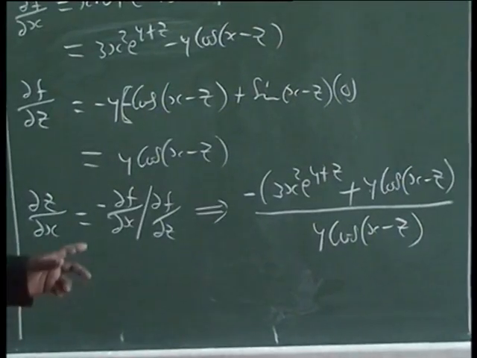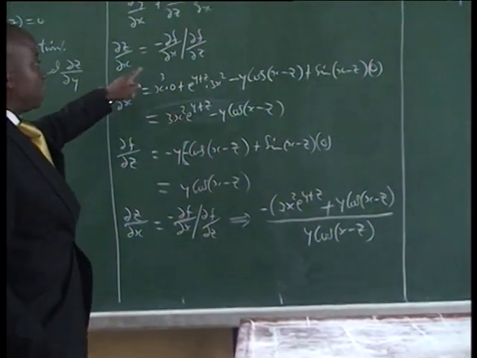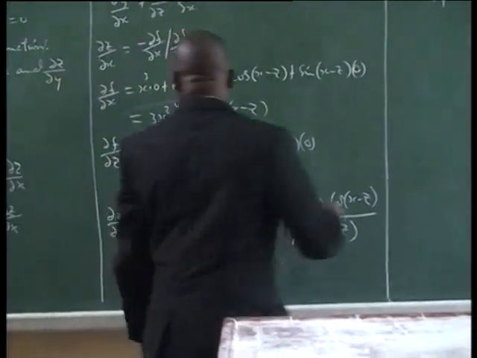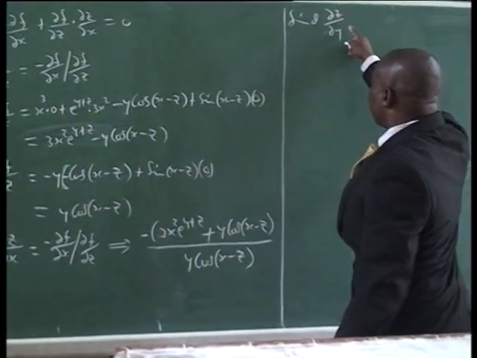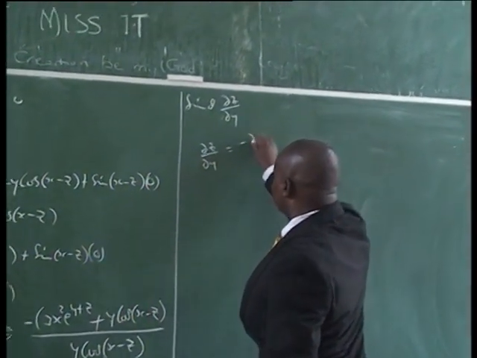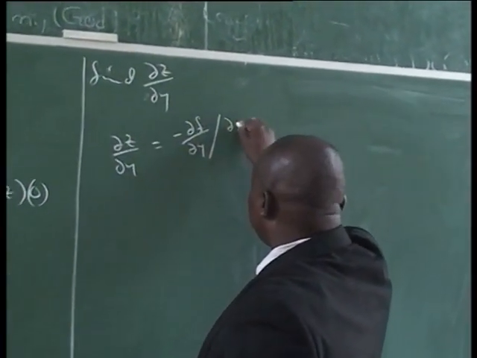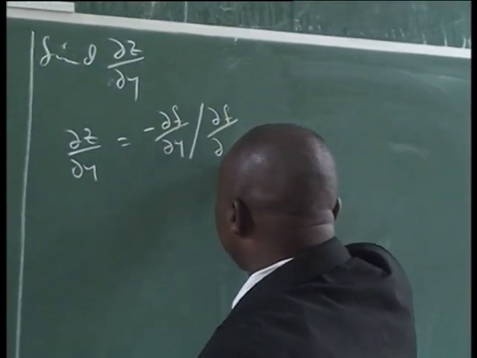For you to find it, know that partial z/partial y will be equal to minus partial f/partial y over partial f/partial z.